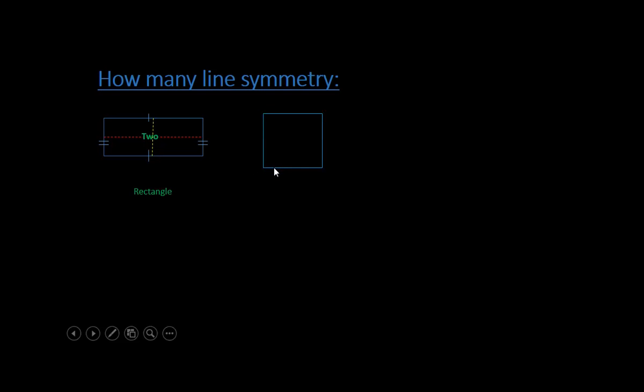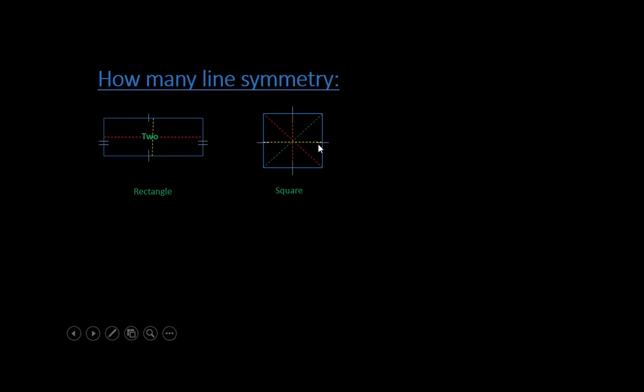So what about this shape? In this shape, all sides are equal. That means it's a square. And the square always has four lines of symmetry. Let's check this. All sides are equal. It has four because we can divide here, and also we can divide this part into two, and also we can divide this diagonally, and also like this.